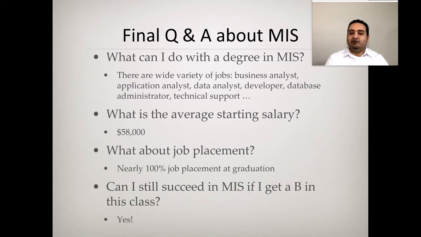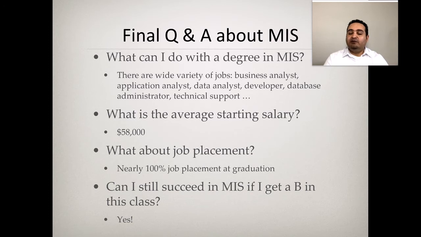Those are just examples, and there are some more, but those are the most common titles for MIS graduates. The starting salary for MIS graduates is 58. This is the average, which means some might start higher, some might start a little bit lower, but the average is 58. What about job placement?